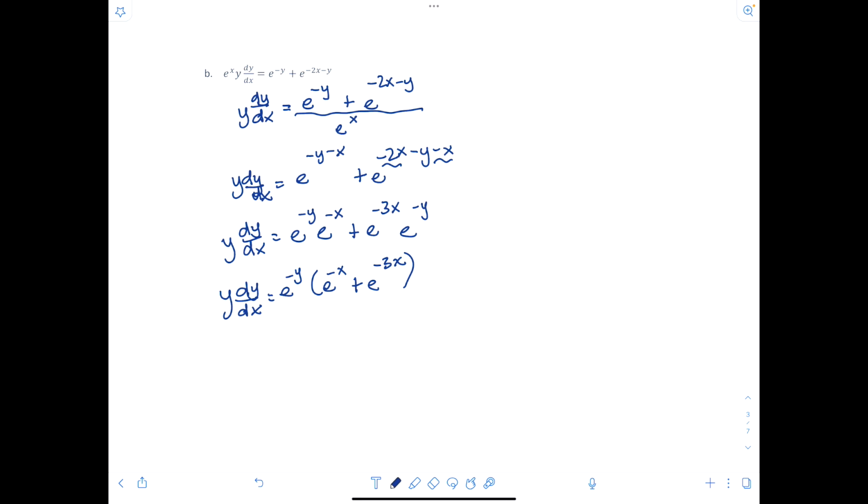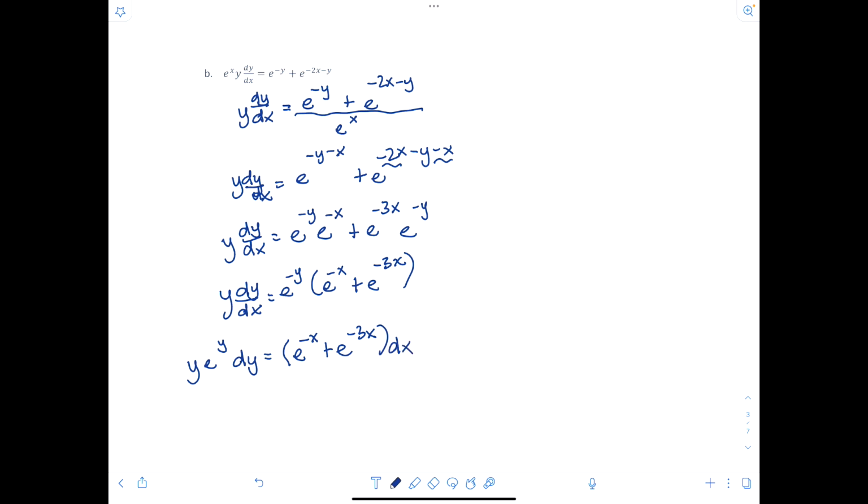And then multiplying both sides by e to the y, we'll have y e to the y times dy is equal to the quantity e to the negative x plus e to the negative 3x dx.